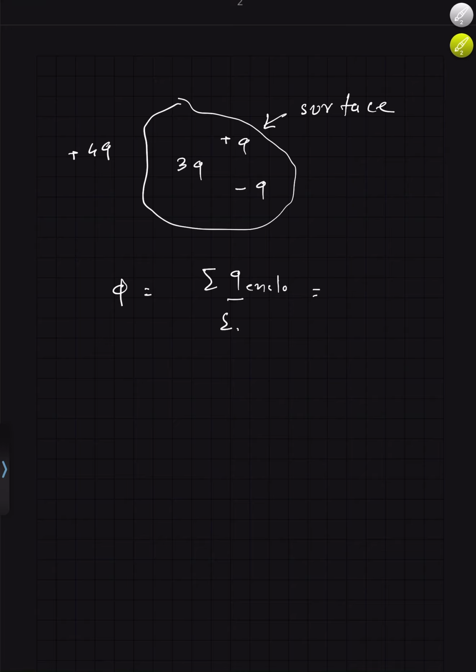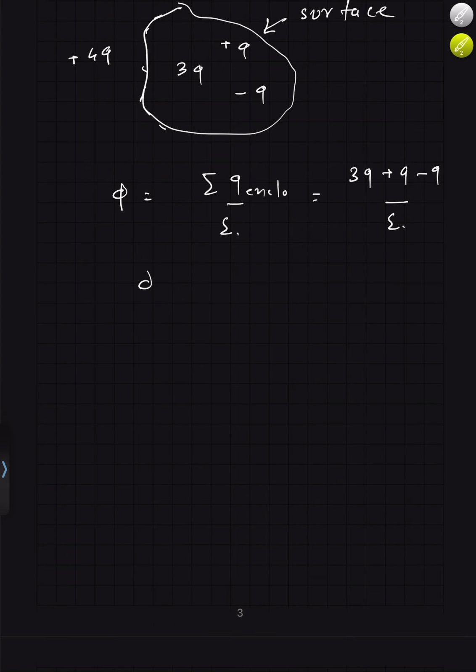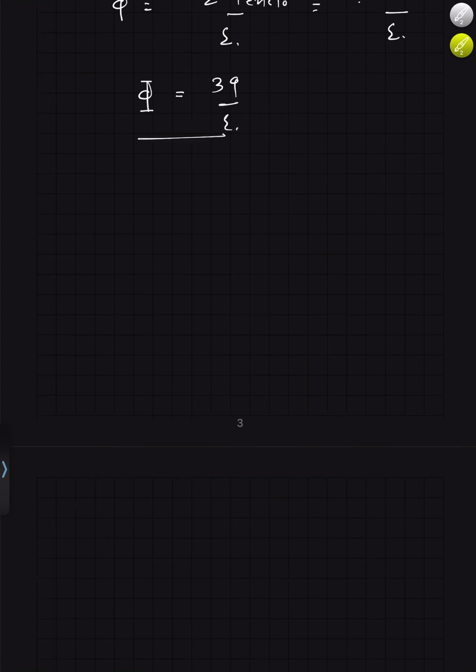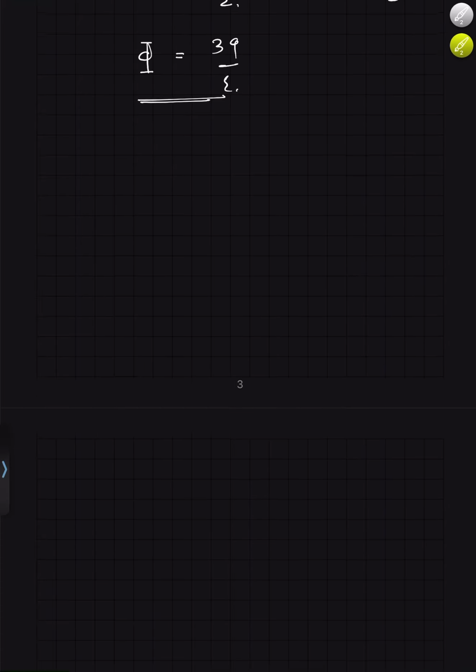So the total charge is 3q plus q minus q, divided by epsilon naught. So the flux associated with this surface is 3q by epsilon naught.